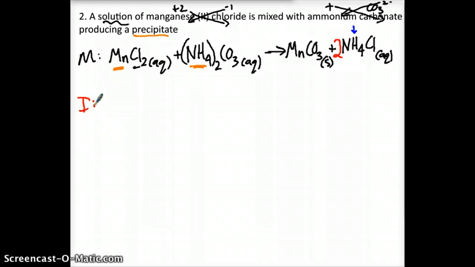So MnCl2 aqueous, it's a solution. Yes, we can ionize it. Mn, what's its charge? Well, it was manganese 2, so it's +2, aqueous. Chloride, Cl2. Now this is one of the most common errors, it's a little bit tricky. When this ionizes, this actually splits into Cl- and Cl-.